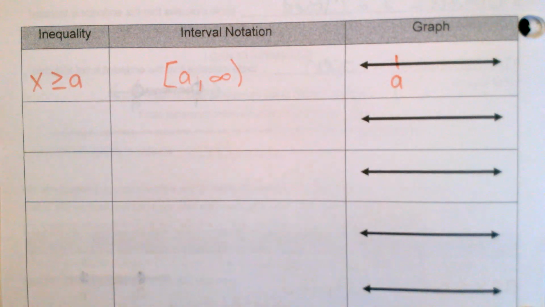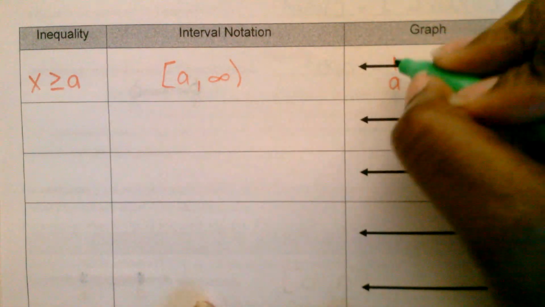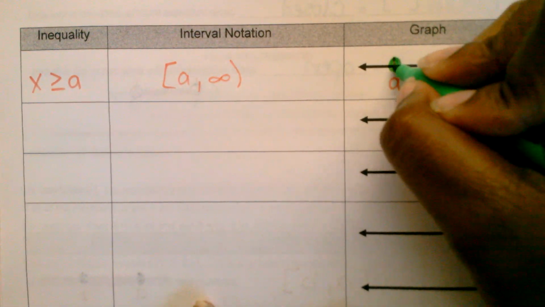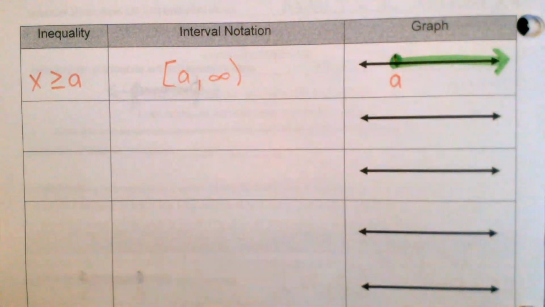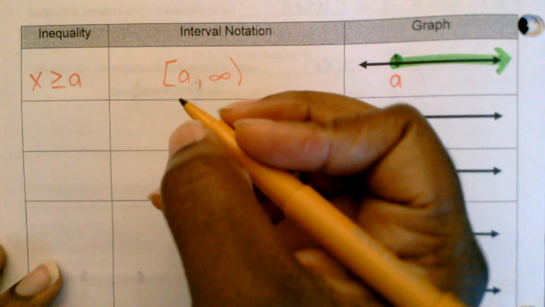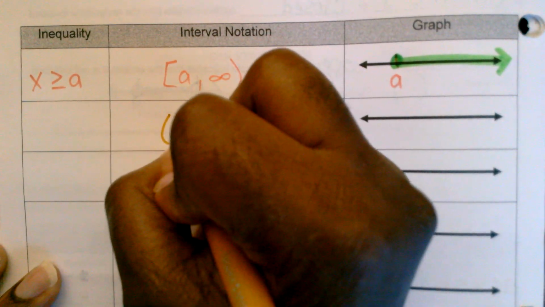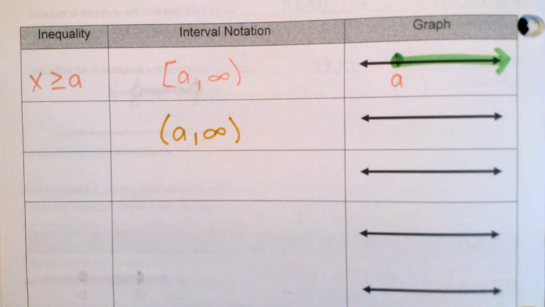So I'm writing A somewhere on my number line, doesn't matter where. A does get a closed circle because it is what? Yes. And then I'm just going to highlight the rest of my number line and put an arrow at the end. Okay? Next, I have open parenthesis, A, comma, positive infinity, close parenthesis.